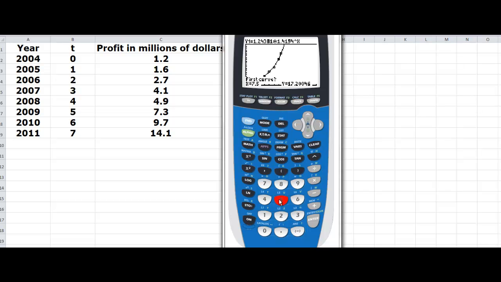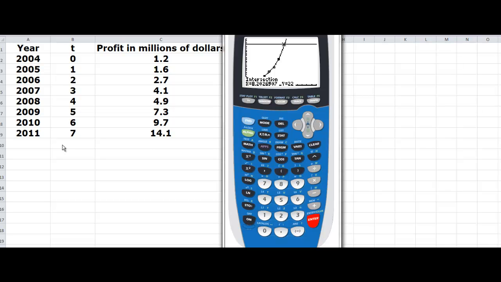So it asks me, is the first curve this? I said yes. For the second curve, we have 22. Then it's going to compute that for us in a slightly iterative manner. So the intersection is approximately 8.2. That means that when t is 8.2, the profit will reach about $22 million.